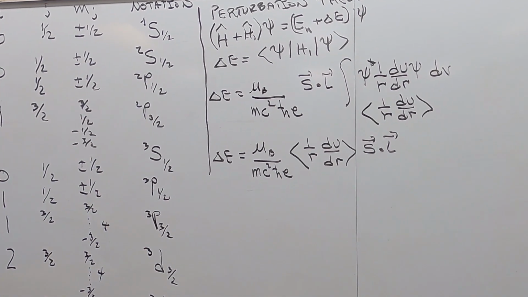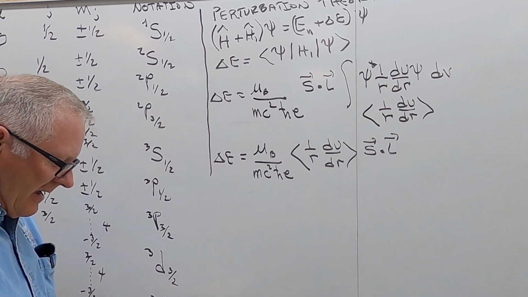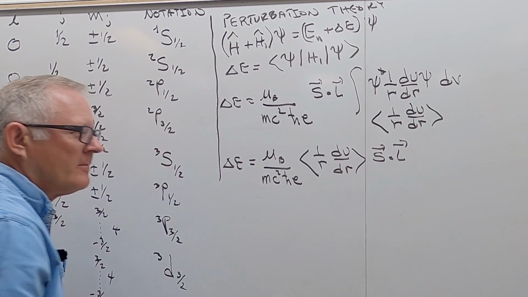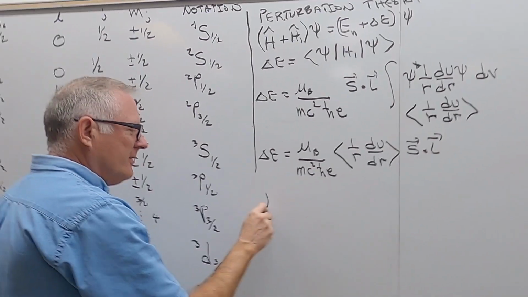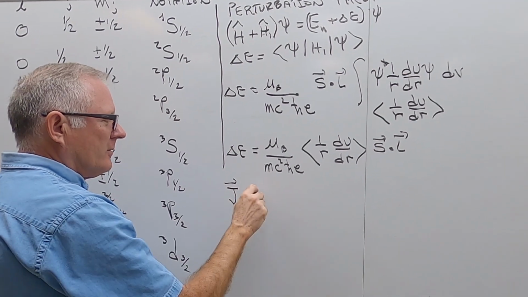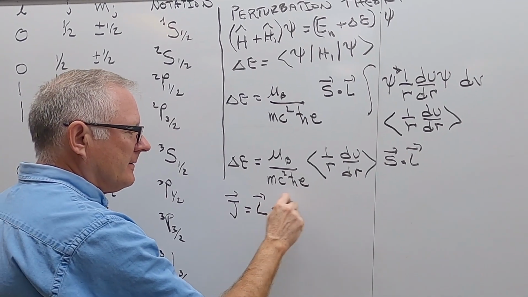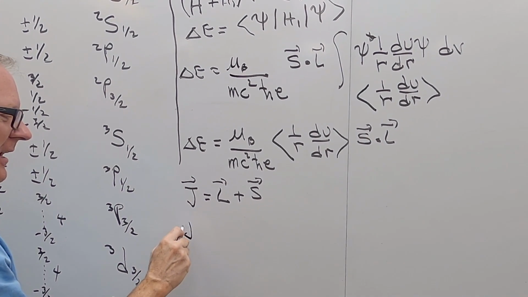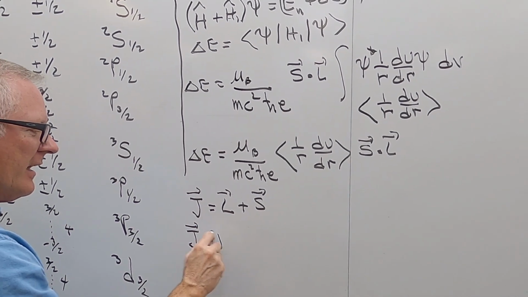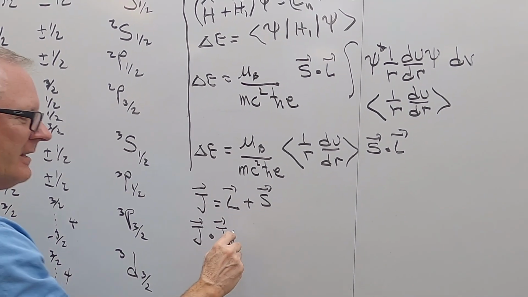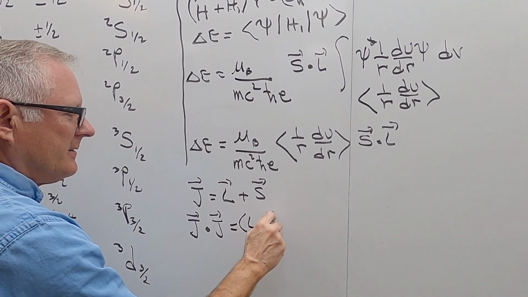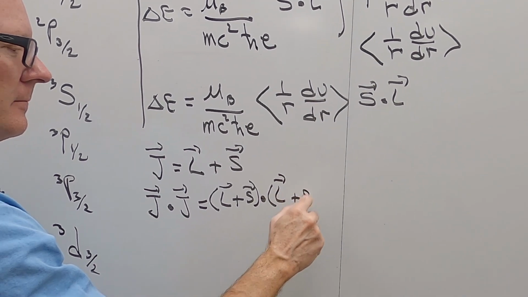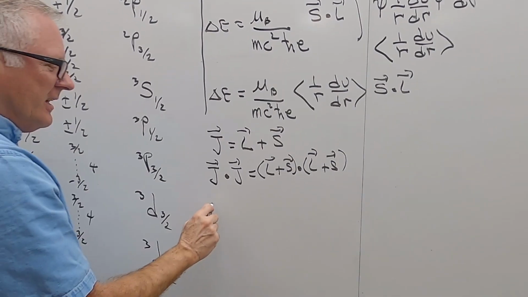Okay, so how do we, first of all, calculate S dot L right here? Well, remember the definition of J. J is equal to L plus S. Well, suppose we did a J dotted with a J. J dot J. Well, that's equal to L plus S dotted with L plus S. J dot J is J squared.